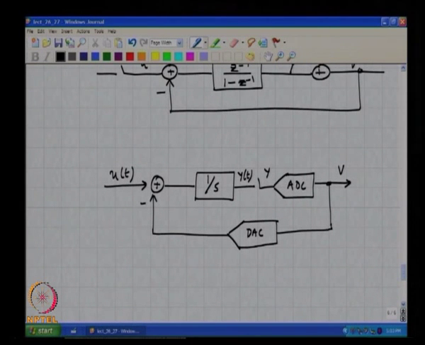So, the sampling, please notice, is happening inside the loop at the output of the loop filter. So, we have no intention of sampling before the signal enters the loop.